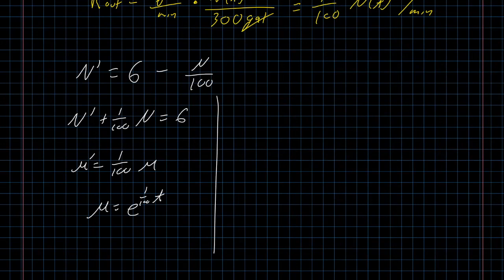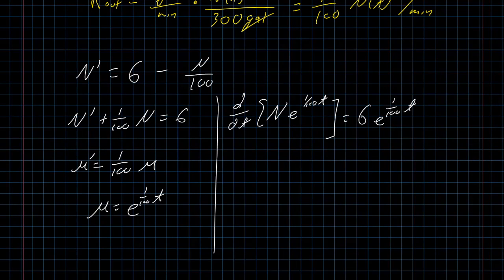We can use that to rewrite our differential equation as d over dt of n times e to the 1 over 100 times t is equal to the right-hand side, in this case 6, times mu, e to the 1 over 100 t.